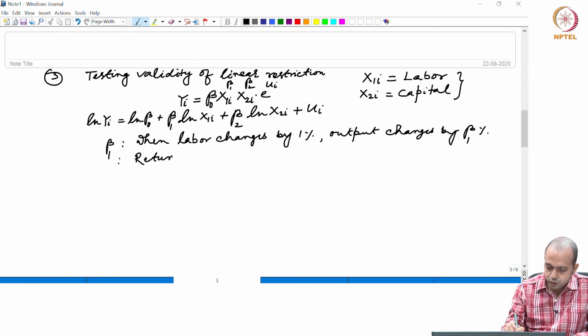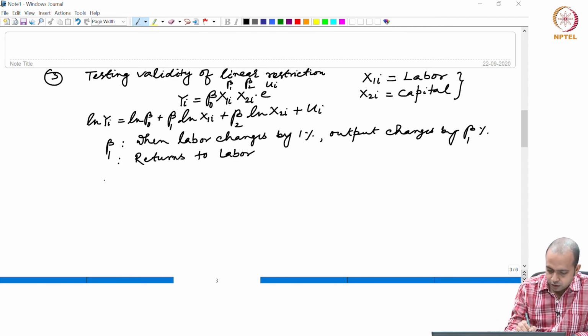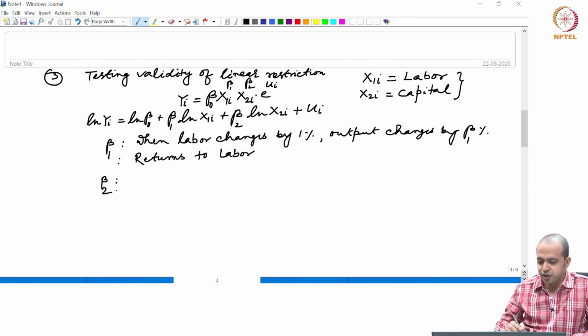We have also denoted beta 1 as returns to labor, okay, returns to labor. And then beta 2: what would be the interpretation?